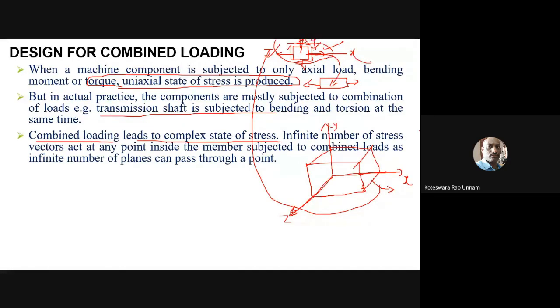Then the problem becomes a biaxial state of stress. If I reduce one more dimension, it becomes a uniaxial state of stress, where I consider the stress only in the x direction, so I have only sigma x. There is also pure shear stress, which is also okay.